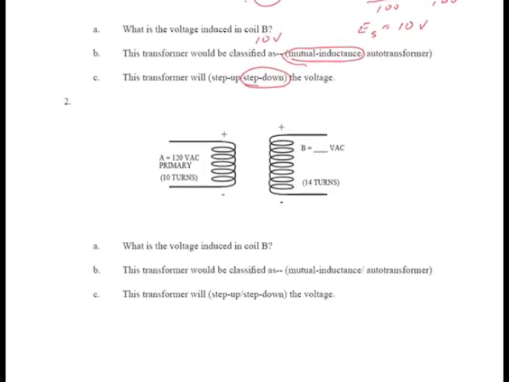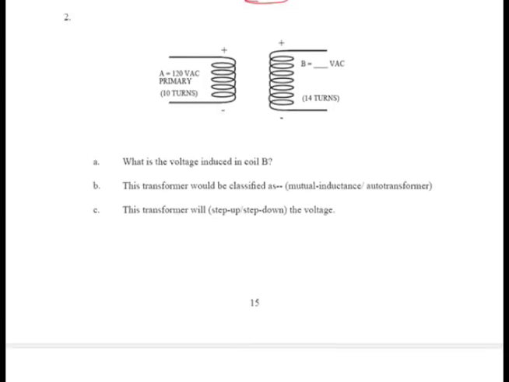Okay, on to number 2. In this one, the primary voltage is 120 volts. We want to know what the voltage induced in the secondary, or coil B, is. So we can go to the old reliable equation, EP over ES is equal to NP over NS. We know the primary voltage is 120 volts. The secondary voltage is what we're looking for.